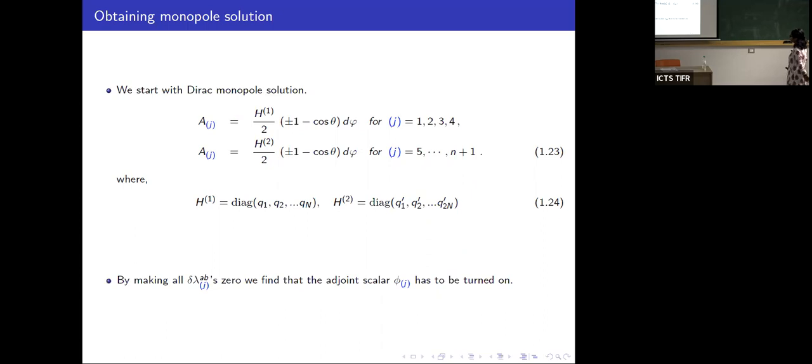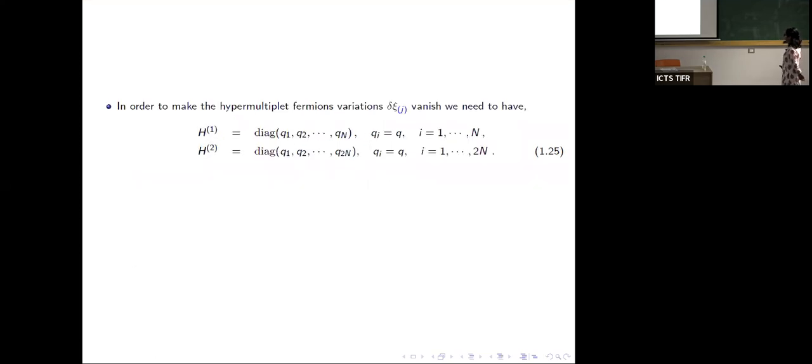H1 is an n by n matrix and H2 is a 2n by 2n matrix. With these ansatz, we need to see whether we can find a BPS solution in the theory. And this is indeed possible only if we make the diagonal entries of these matrices all equal.